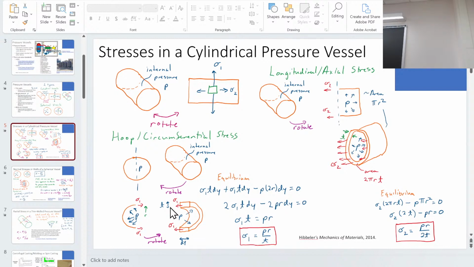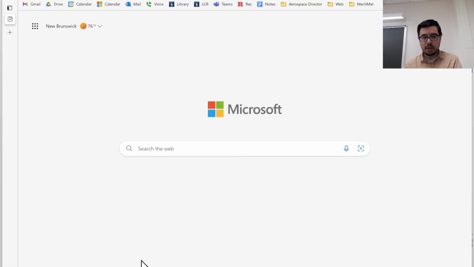It's an action-reaction pair essentially. So you have the inner composite cylinder and the outer composite cylinder. I think it's okay to pull up the website, right?